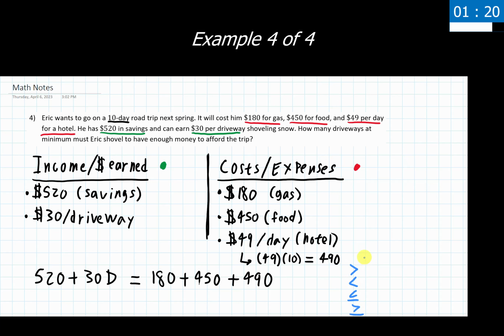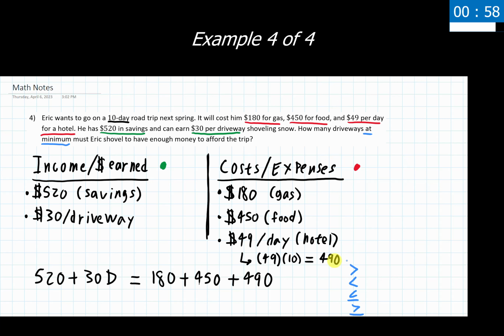And now, which one of these are we going to use? We're asked, how many driveways at minimum must Eric shovel to have enough money to afford the trip? The "at minimum" is our giveaway here that we are going to have an inequality, and a little bit of a hint at which one we're going to be using.